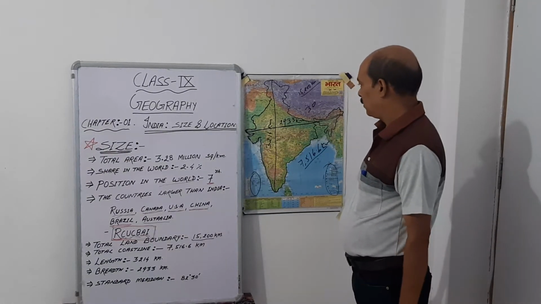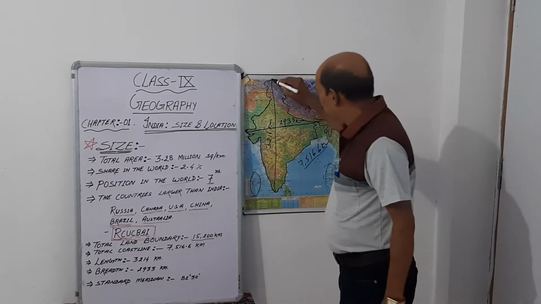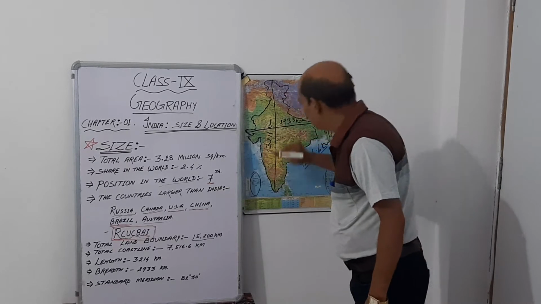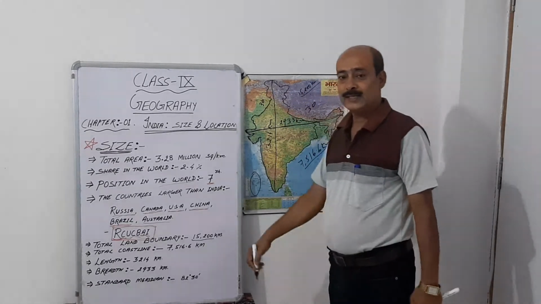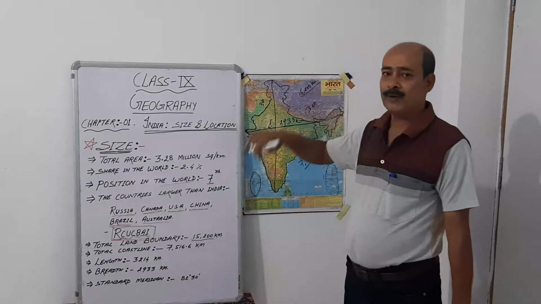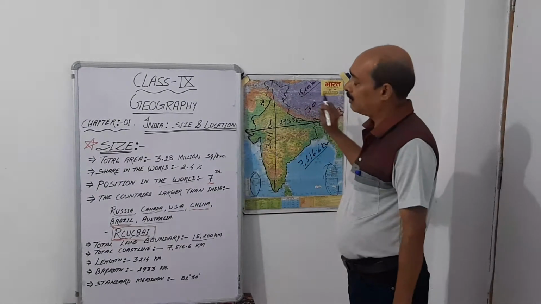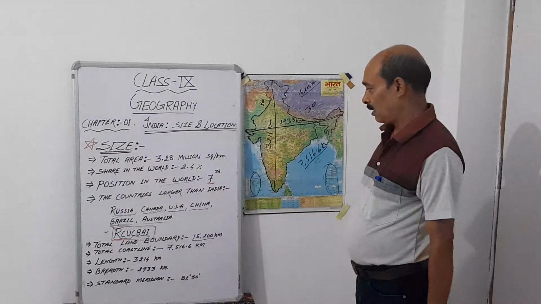And from north to south, about 30 latitudes also pass through our country.